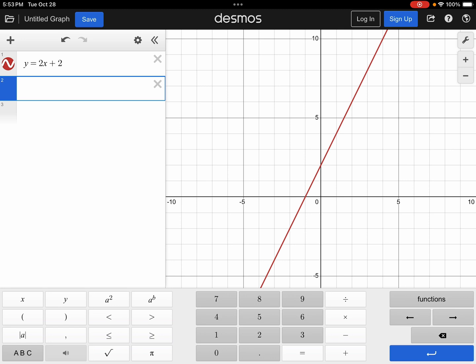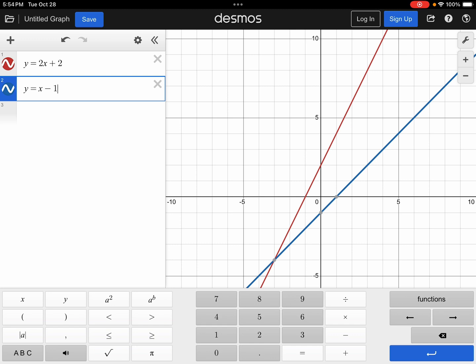And we have y equals x minus 1. Okay, so all you're doing is you're using x and y over here on the left hand side of your screen, and you're using your numbers just to plug in any coefficients or constants that you have.